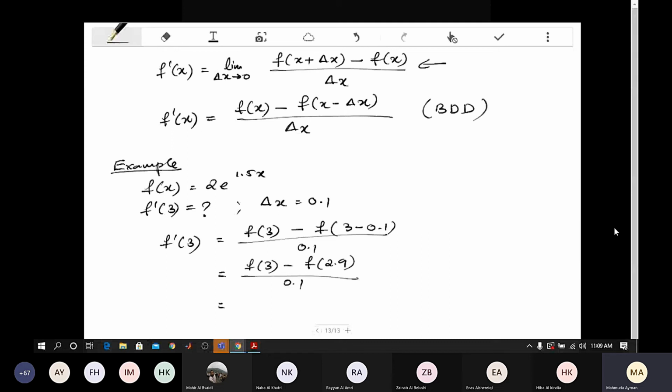Can you all give me the value for this one here, for the approximation of the first derivative of f at x is equal to 3 using backward divided difference?